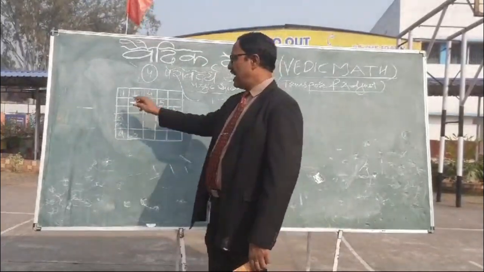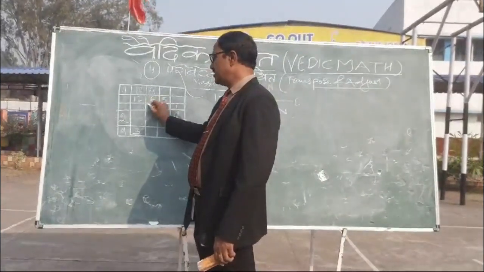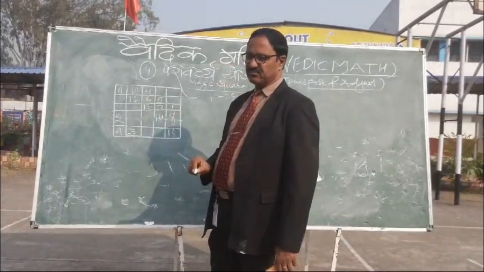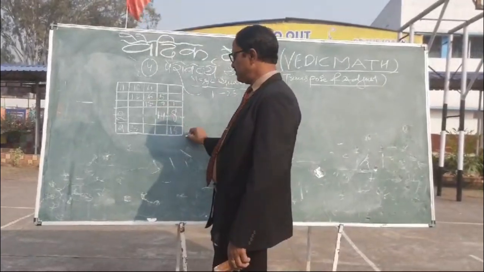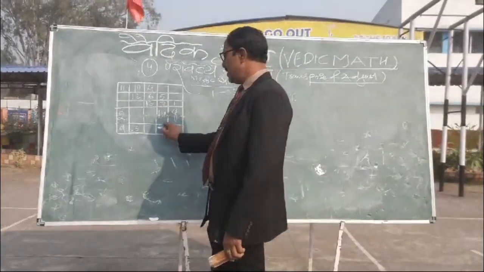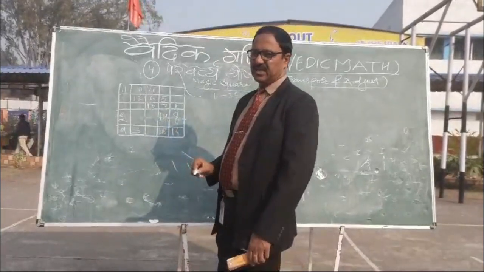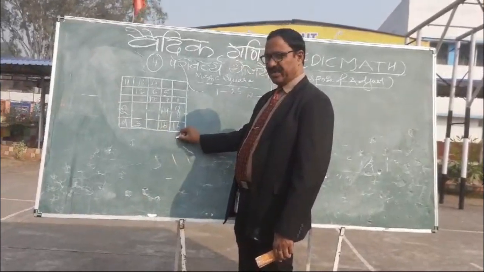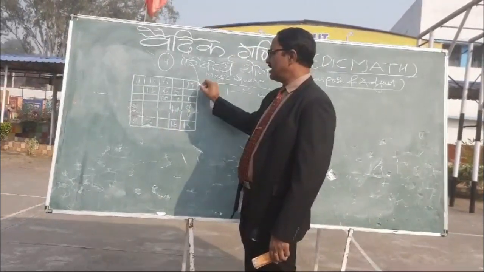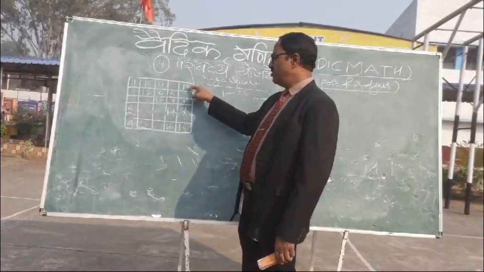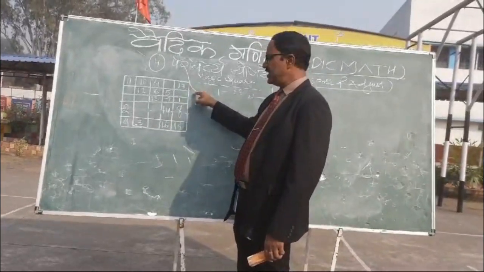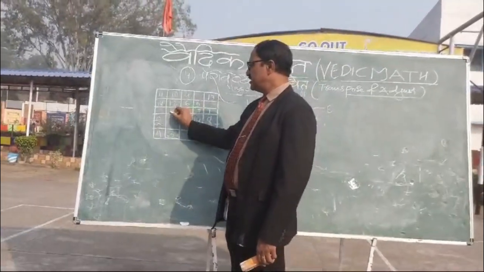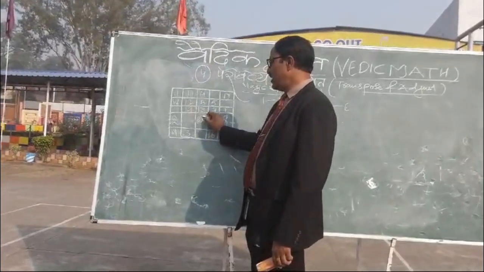After this is 12, 13, 14, 15. At 15 there is no vacant place, so sit in the adjacent position, that is 16. After 16, no place, so shift here, 17. After 17, no vacant place, so shift, 18. After 18, it is 19, and this is 20.